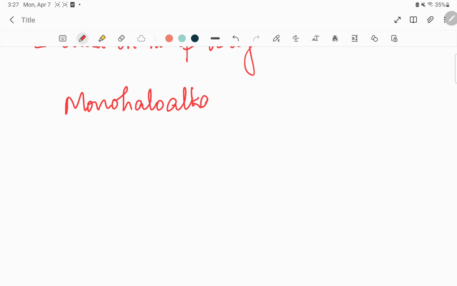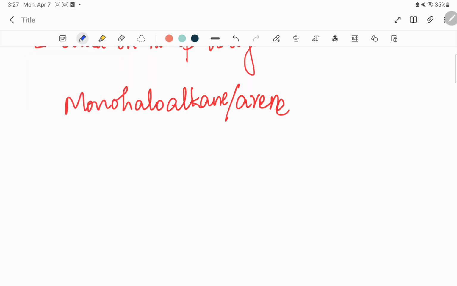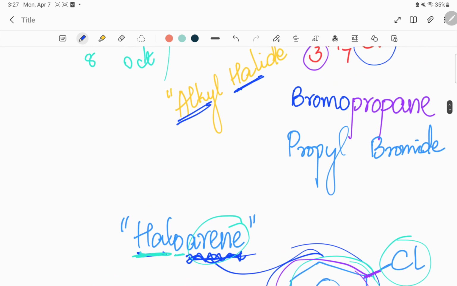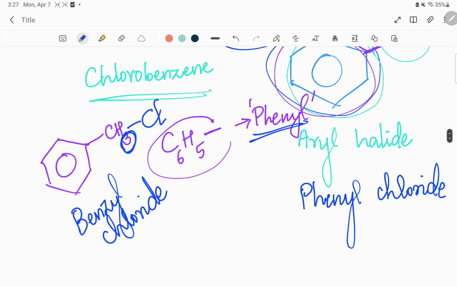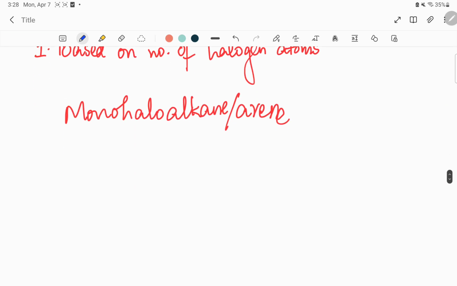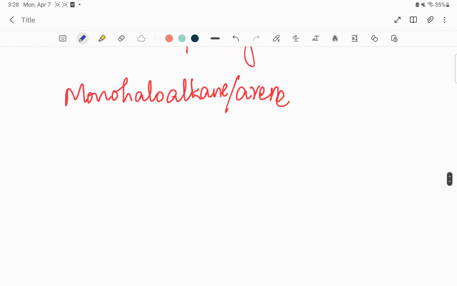So monohaloalkanes or monohaloarenes are basically haloalkanes and haloarenes having one single halogen atom. So I think both the examples that we learnt earlier, that is bromopropene and chlorobenzene, are examples of monohaloalkanes and monohaloarenes.